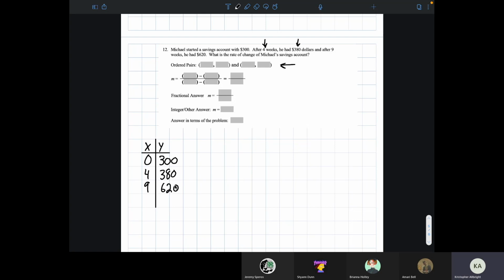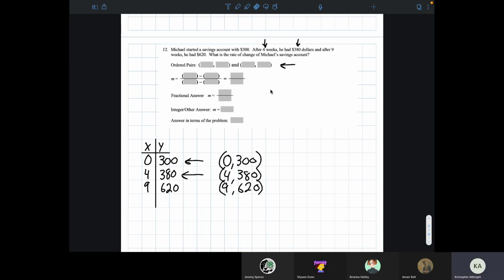So we could use any of these three ordered pairs. We could write them out as 0, 300. That's how an ordered pair is written. 4, 380. 9, 620. Once we have these, we can use whichever we want.